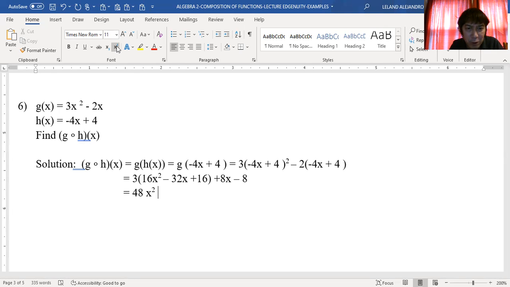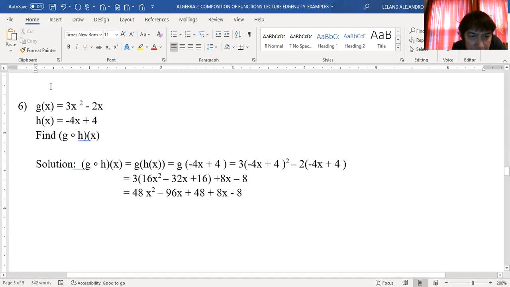We temporarily lost the screen a while ago. And then that will be followed by plus 48 there, and then we have plus 8x minus 8 there. So that's 48x squared minus 96x plus 48 plus 8x minus 8.